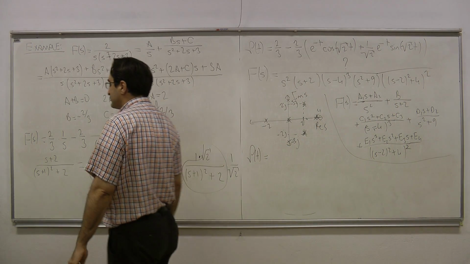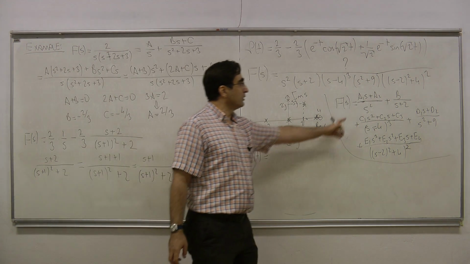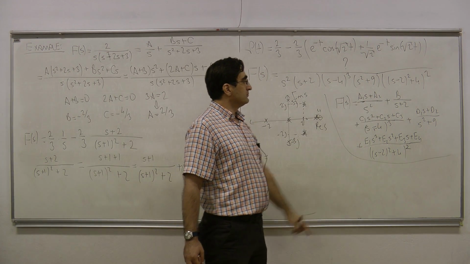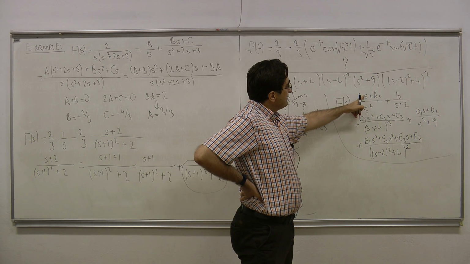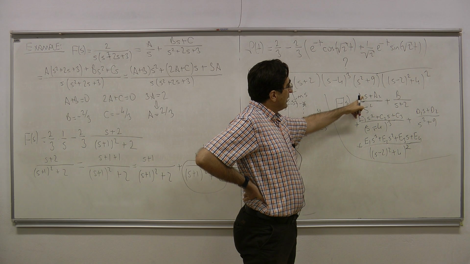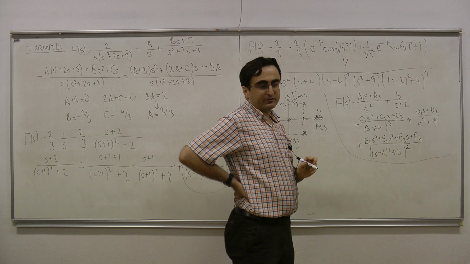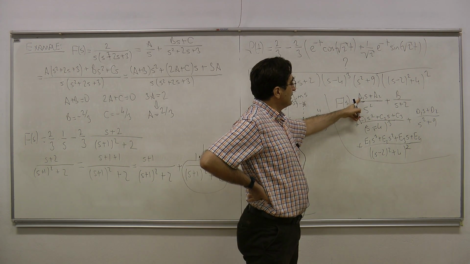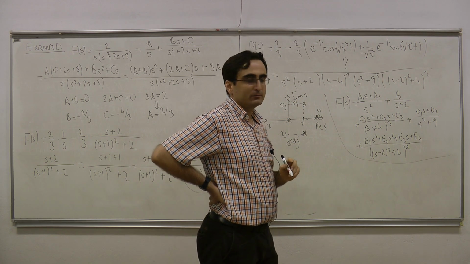Now I'm going to try to write the time functions corresponding to each of these terms. All right? So now you see here, when I find a1, then I would have that multiplied by 1 over s. This is going to be a1 times 1 over s plus a2 times 1 over s squared. Okay?